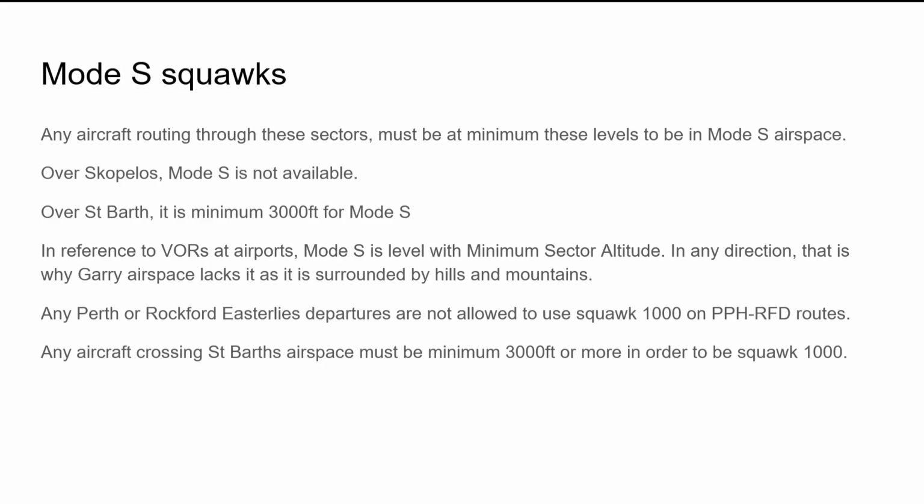Rockford and Perth Easterlies don't use Squawk 1000 on the Rockford Perth routes. Why? Skopelos airspace. Barf a lot of the time can vector you through Skopelos airspace, especially on a Rockford runway 07 departure.